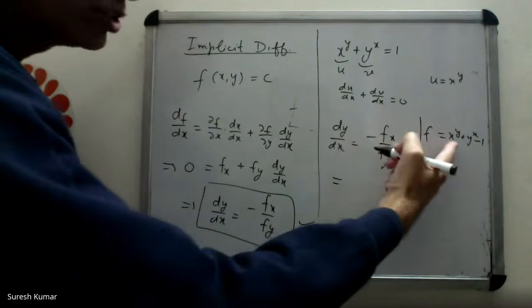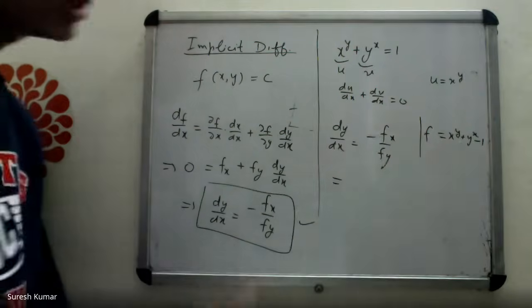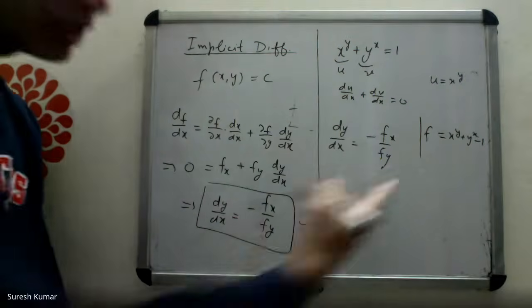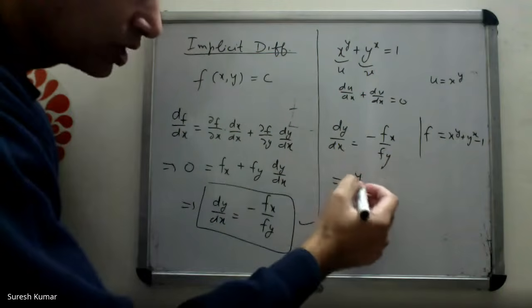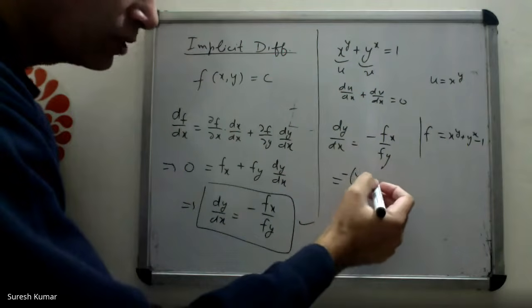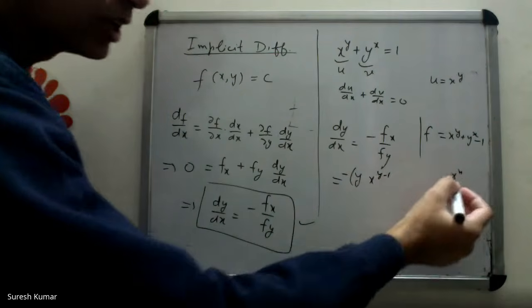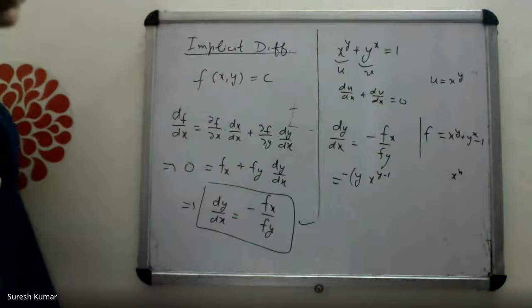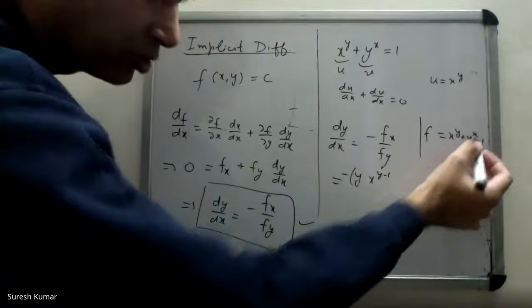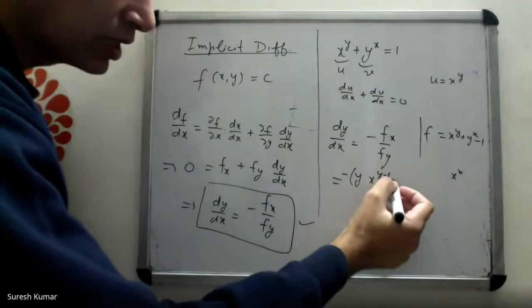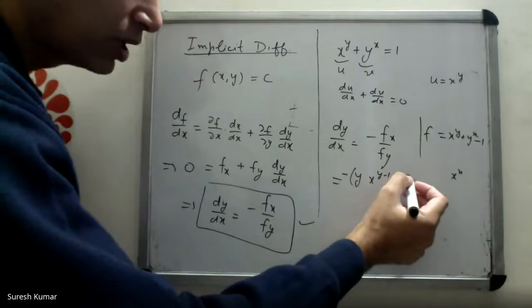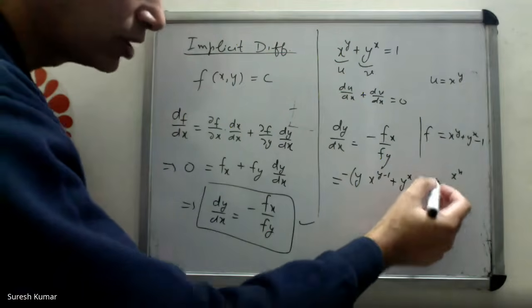The partial derivative of this function with respect to x is what? Treat y as constant. So y x power y minus 1, just like you do for x power n, n x power n minus 1. What is the derivative of y power x with respect to x? y power x ln y. Am I right?